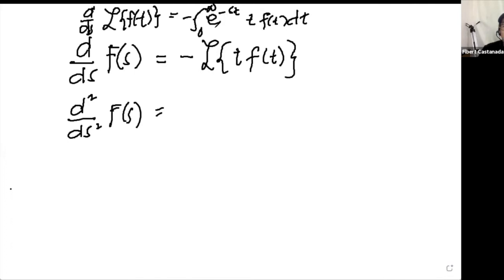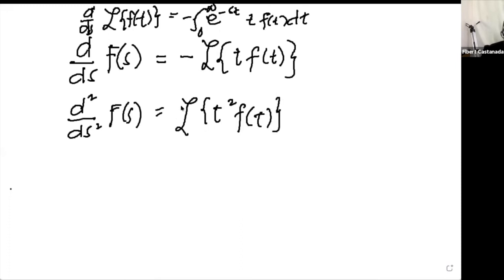The derivative of this is negative t times e raised to negative st times f of t. So there is a negative t again. You multiply negative t by negative t, so it will become positive. This becomes positive t squared, so Laplace of t squared times f of t.